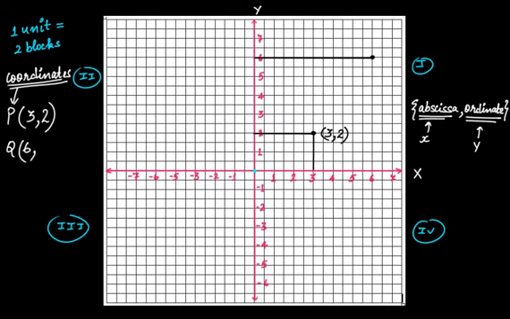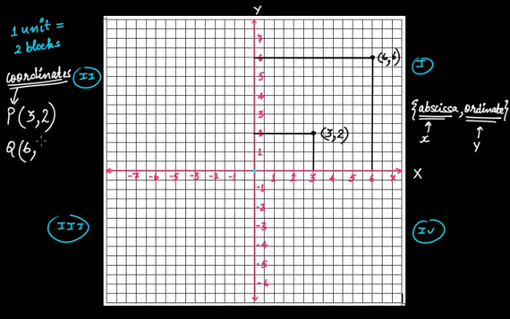Then you have to tell the ordinate or the y coordinate. For that, you have to measure the distance of this point from the x-axis, and count the number of units on this y-axis: 0 to 1 is 1, 1 to 2 is 2, 2 to 3 is 3, 3 to 4 is 4, 4 to 5 is 5, 5 to 6 is 6. So this point is 6, that is the x coordinate, comma 6, that is the y coordinate.